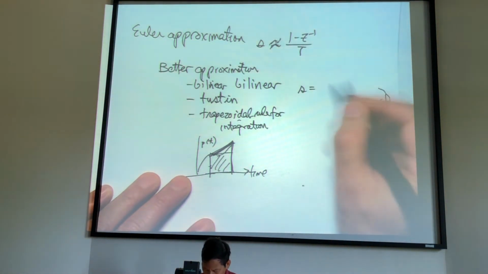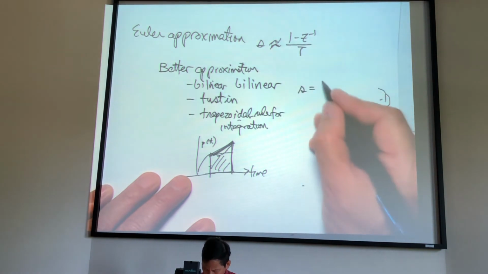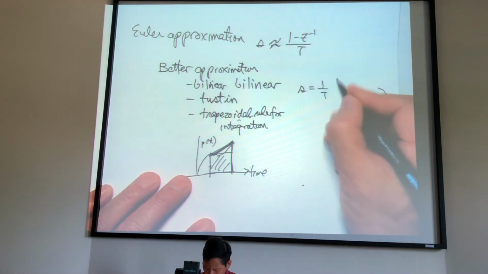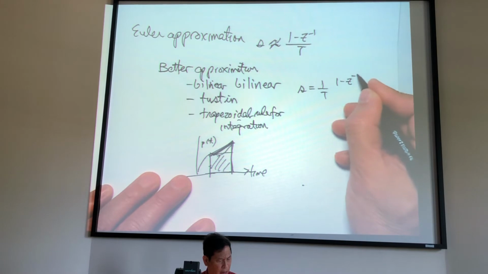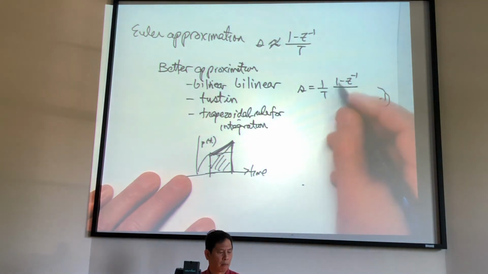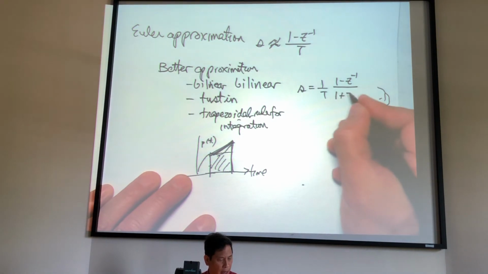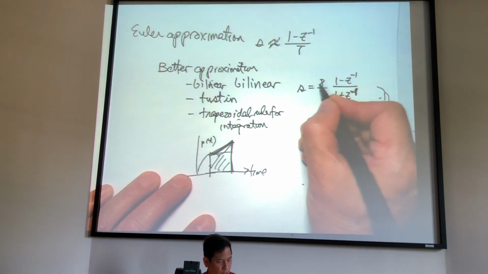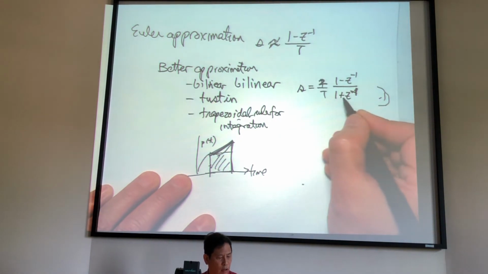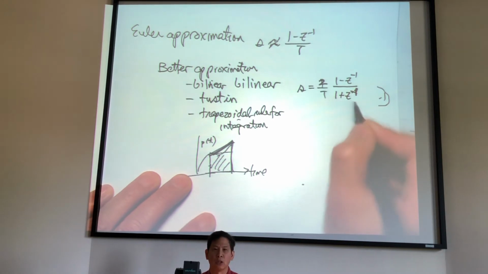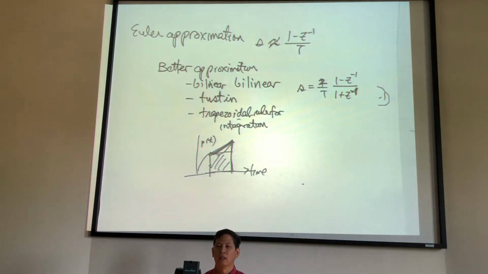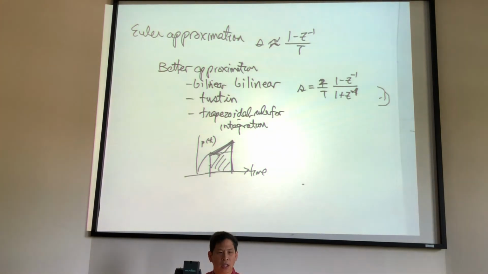S is equal to, you still have the 1 over T, you still have the present value minus the last value, but you're going to modify this a little bit by saying, I'm going to take the present value and the last value, and then I'm going to divide by 2. Present value plus last value divided by 2. What kind of mathematical operation is that? Present exam, last exam, add the two together, divide by 2.